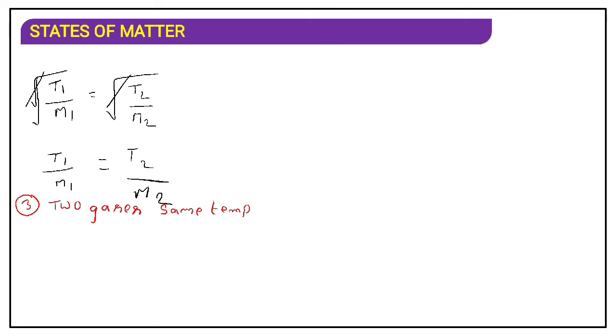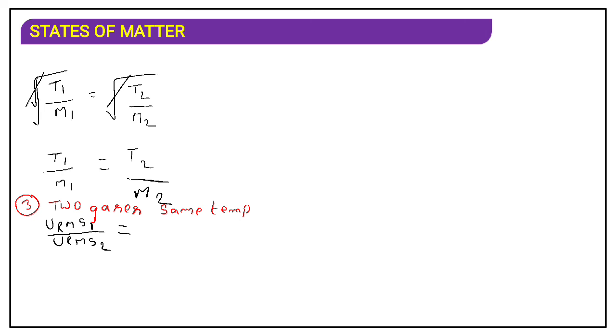Here URMS is not the same. Then URMS1 divided by URMS2 equals, two gases having same temperature, so what is remaining here?